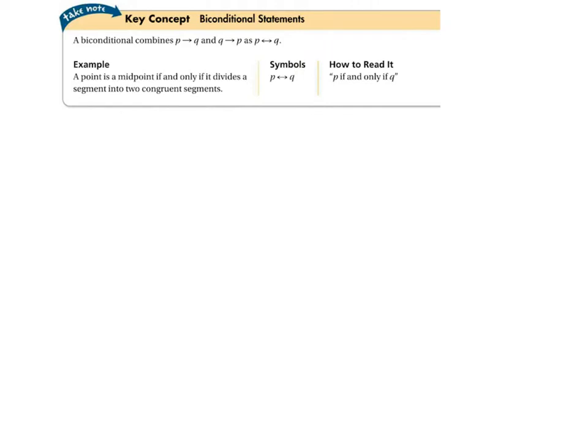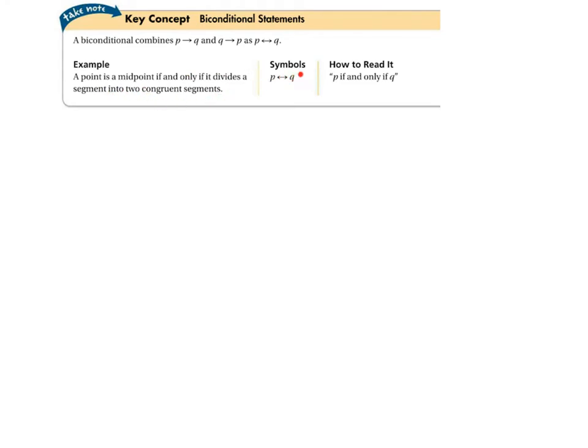So, like I just said, you can combine a biconditional: if P implies Q and then its converse is Q implies P, then we can write it like this where it flows both ways. A point is a midpoint if and only if it divides a segment into two congruent segments.